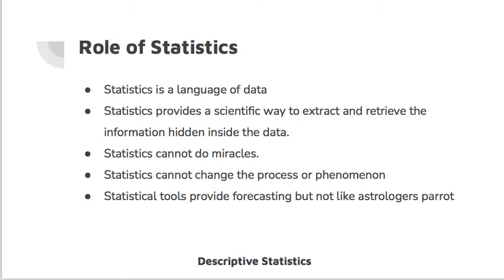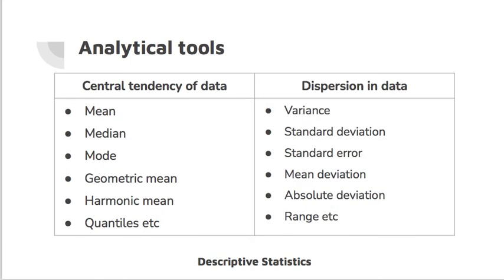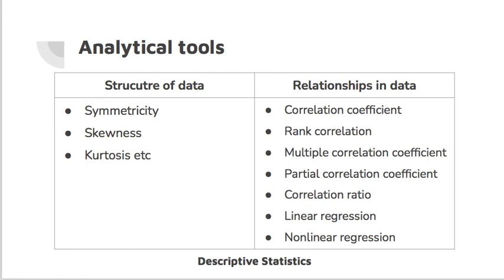So I am summarizing today's presentation: descriptive statistics, graphical and analytical tools. Graphical tools include two-dimensional and three-dimensional plots, histogram, scatter diagram, pie diagram, bar plot, and box plot. The analytical tools are measures of central tendency, such as mean, median, mode, quantiles, percentiles, and measures of dispersion, such as variance, standard deviation, standard error, mean deviation, and absolute deviation, to know the structure of data and relationships.